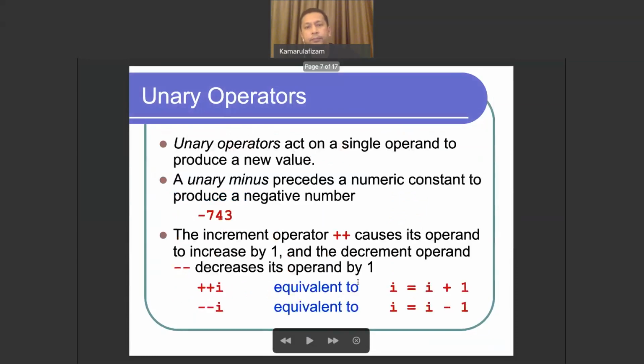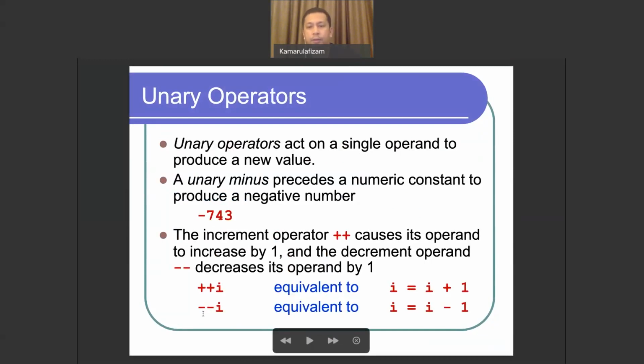This is the introduction to unary operators. Unary operators act on a single operand to produce a new value. You can put this kind of expression plus plus I, which is very much equivalent to I equal to I plus 1.